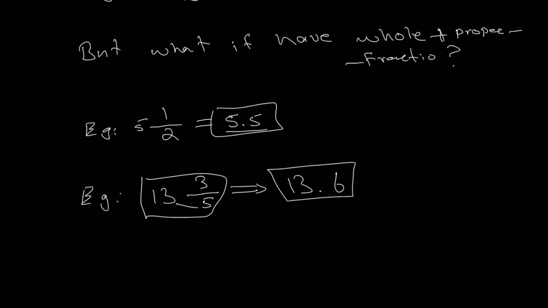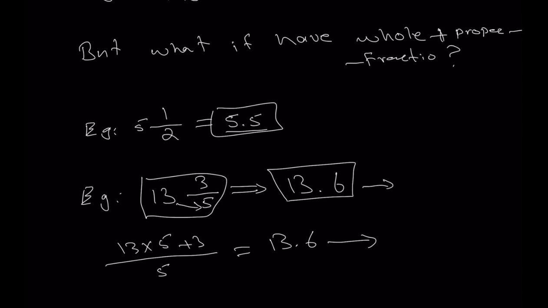If you multiply 13 by 5, add 3, divide by 5, that still gives you 13.6. So doing that will be a little bit longer. This is a shorter way to do it: write the whole number as it is and divide the proper fraction and write it down next to it.